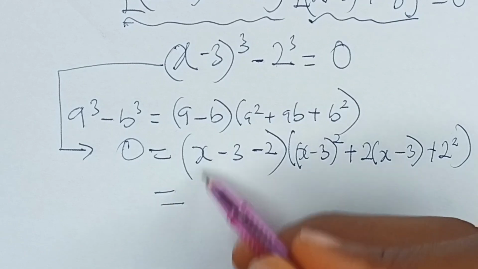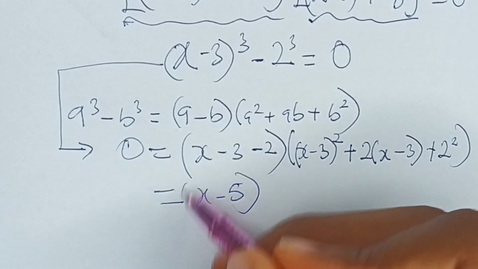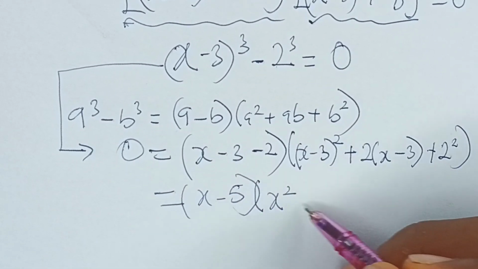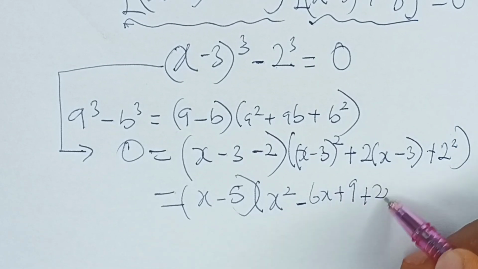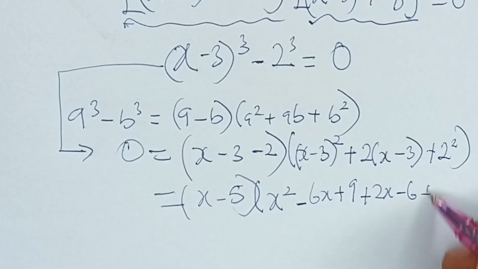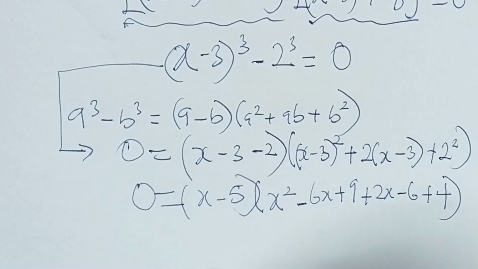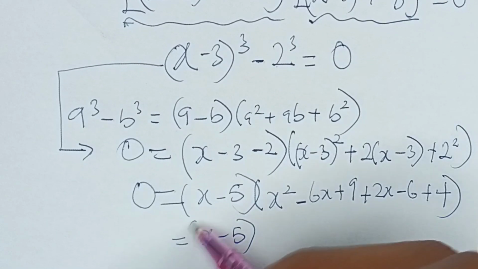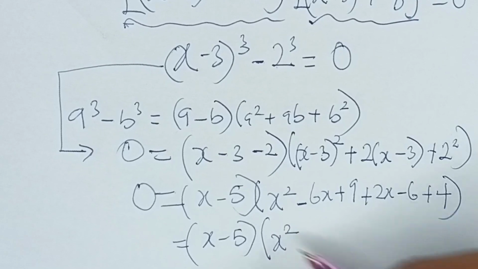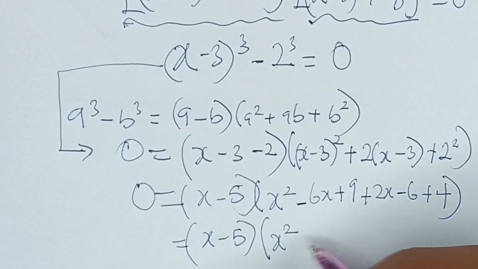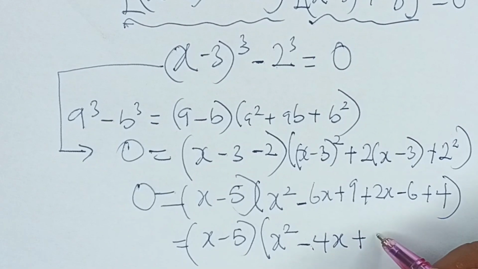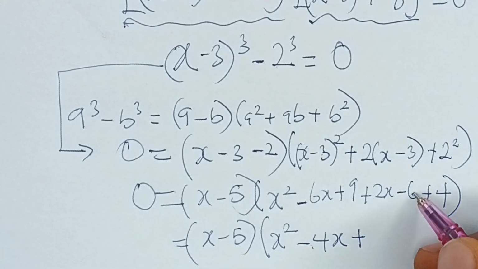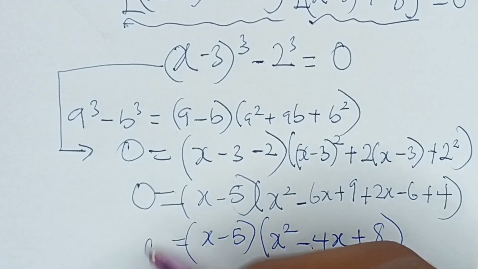And this is equal to (x − 5) multiplied by (x^2 − 6x + 9 + 2x − 6 + 4) equals 0. And this becomes (x − 5) multiplied by (x^2 − 4x + 13 − 6, which is 8) equals 0.